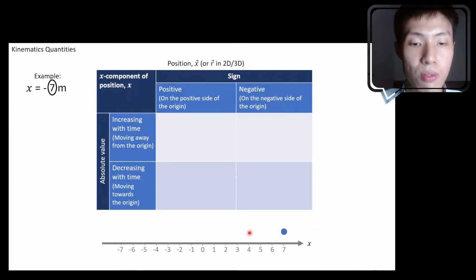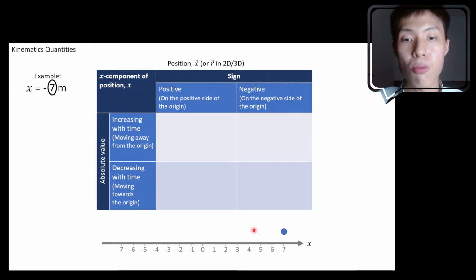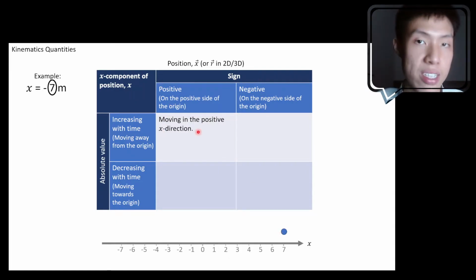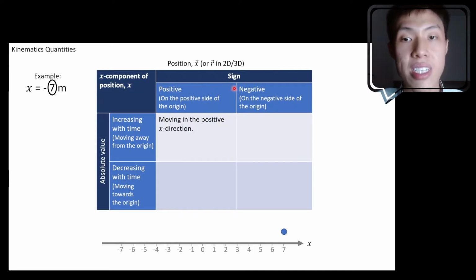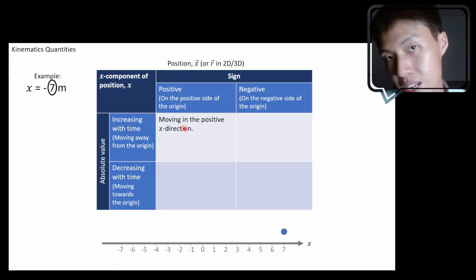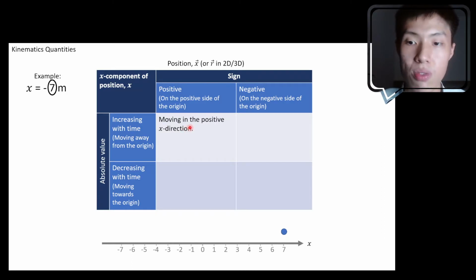So if it's moving from here to here, you can see that the object is moving in the positive x direction. In this case, it's moving to the right, and right is the positive x direction. So if we see the sign to be positive, and we see the absolute value increasing with time, we know that this object is moving in the positive x direction. That's what I'm trying to say here.